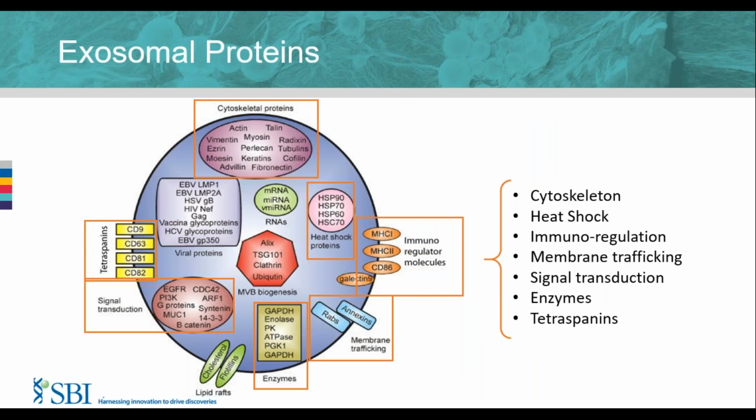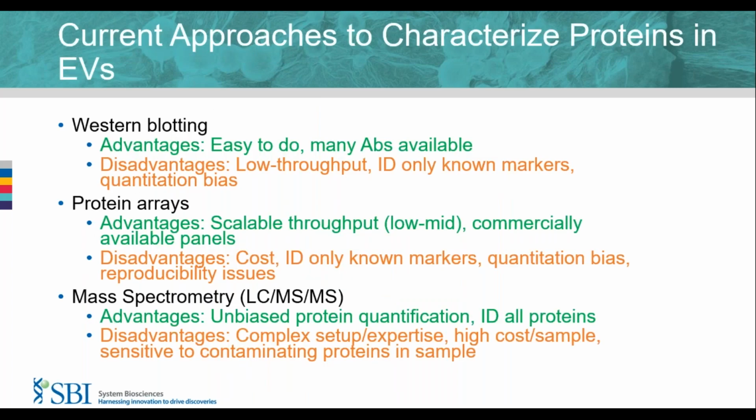If we now move on to proteins, there is a wide range of proteins within exosomes: cytoskeleton proteins, heat shock proteins, enzymes, tetraspanins, signal transduction proteins. The current approaches to assess and characterize proteins in any sample go from the classic Western blotting, which is easy to do, and there are many antibodies available.